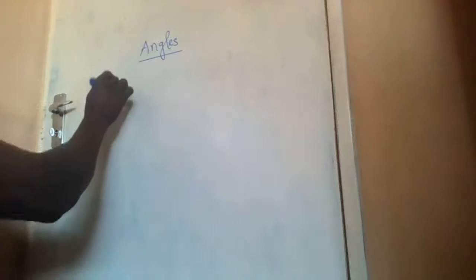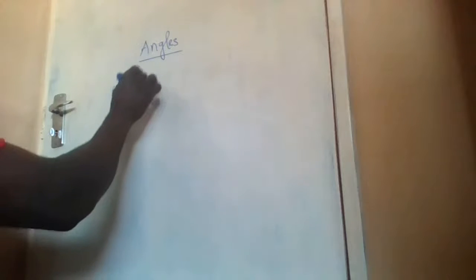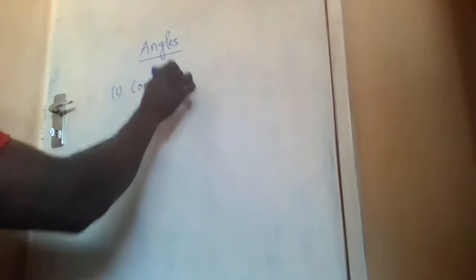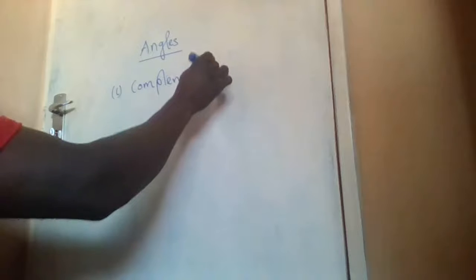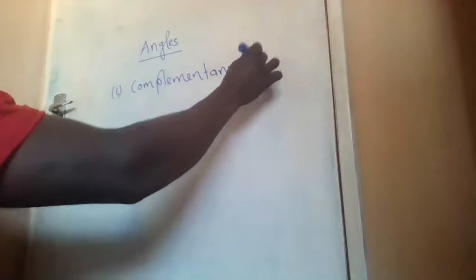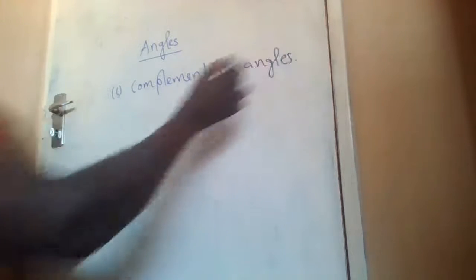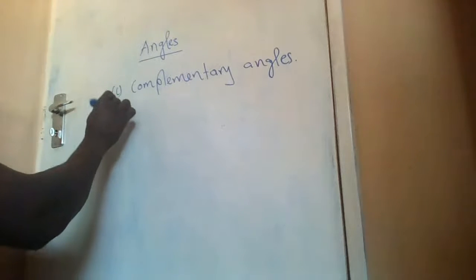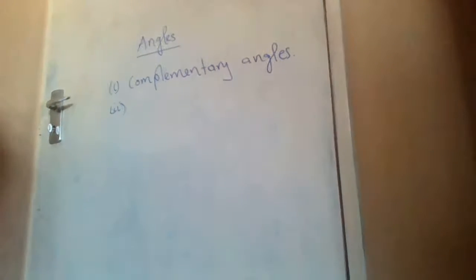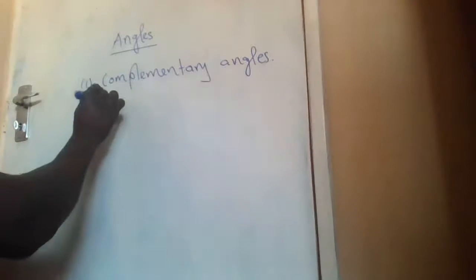So without wasting my time, like I said, we'll be looking at angles in mathematics. And under angles, there are 3 things that we're going to look at. One, complementary angles. The second one will be supplementary angles.